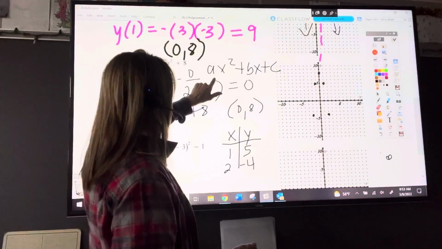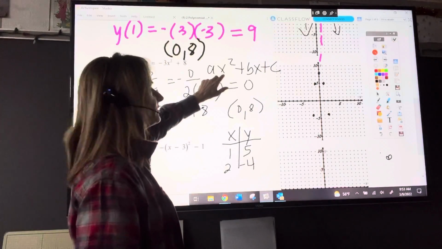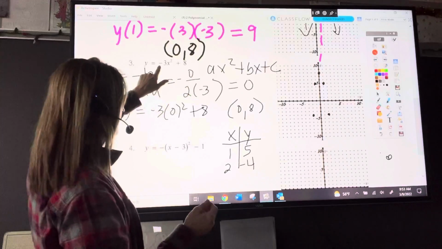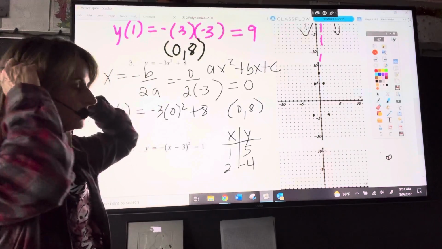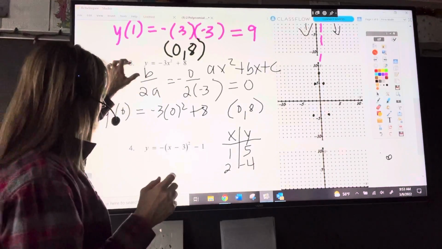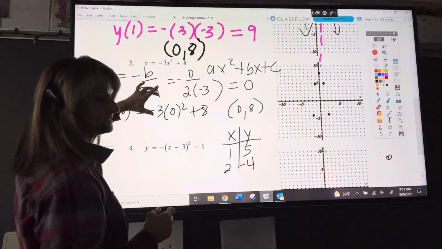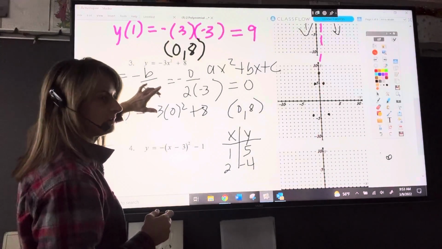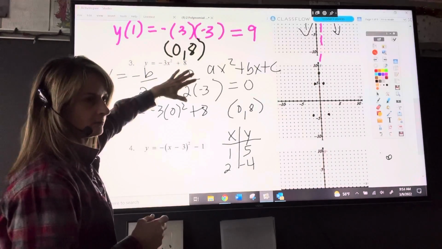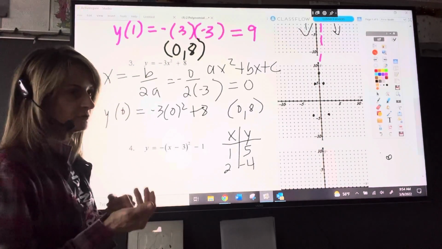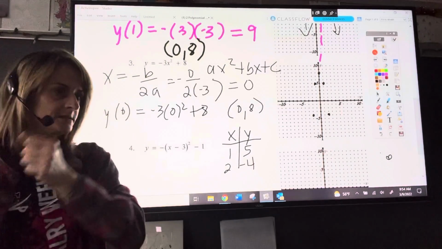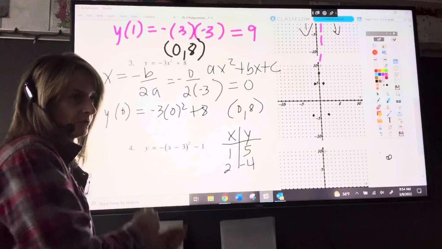And then we have to use the coefficient for x squared, which is a. In this case, our a is -3. So we plug into this formula -0 over 2 times -3. And so it just ends up being 0. So the x-coordinate for the vertex is 0. And then we plug in 0 to see what we get for the y-coordinate.